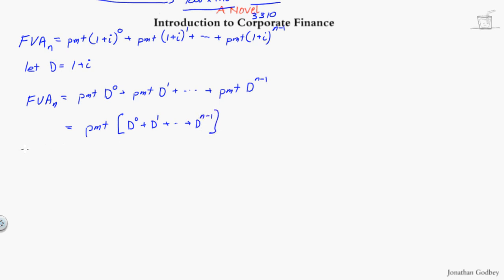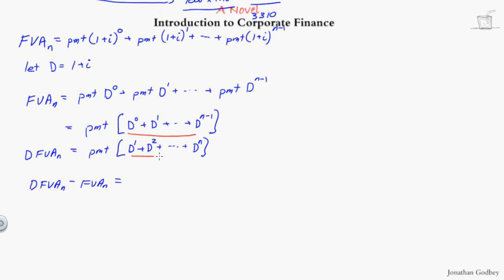And the same little mathematical method here: multiply both sides by d, and I have payment times d to the first plus d squared plus all the way up to d to the n. And now if I take d times the future value of the annuity and subtract the future value of the annuity, what am I doing? I'm taking all of these d's and subtracting them from those.